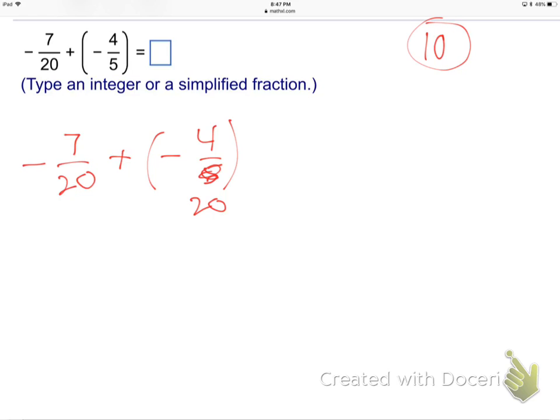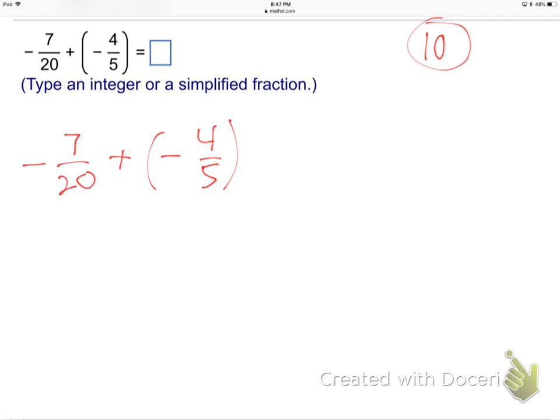Any changes we make to something have to be changes that only change the way it looks, not what its actual value is. That would change its value completely. Right? You with me on that? In math, we do things that change the way it looks, but not its actual value. So I've got to make that bottom 20, but I've got to make it 20 without changing the actual value. So how do we do that?